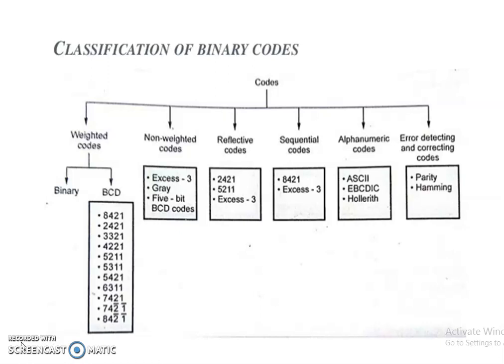It is also called 8421 code. Why is it 8421? Because the weights of the 4 bits are 8421 from left, that means MSB, to right, that means LSB. For example, bit 3 has weight 8, bit 2 has weight 4, bit 1 has weight 2, and bit 0 has weight 1. Okay, this is nothing but binary coded decimal.